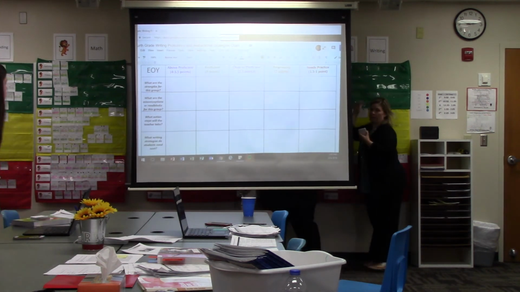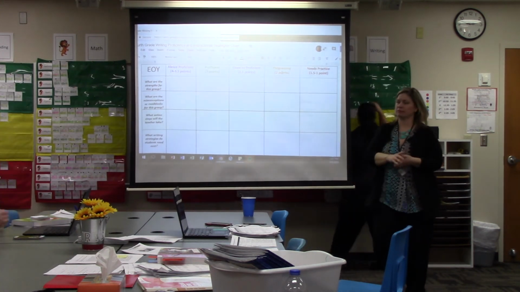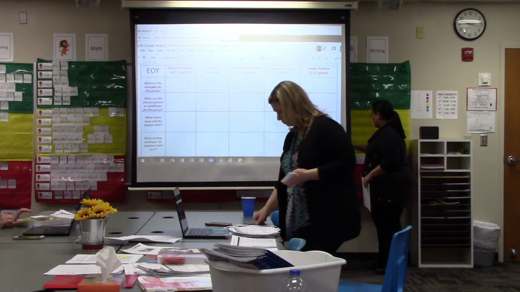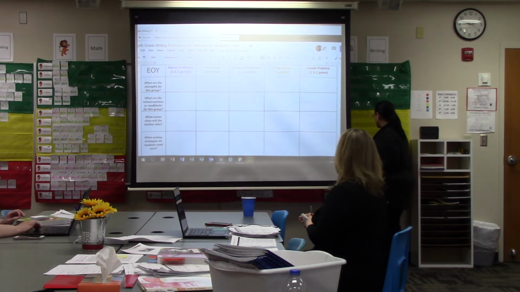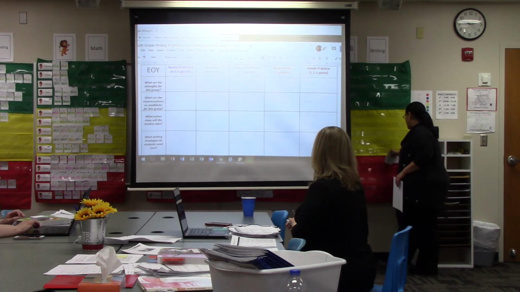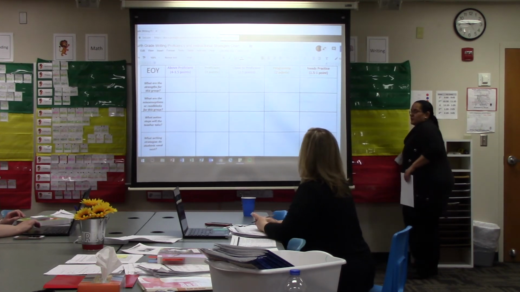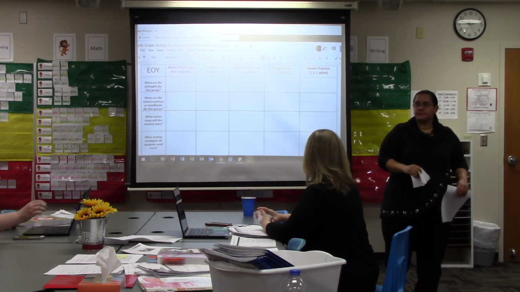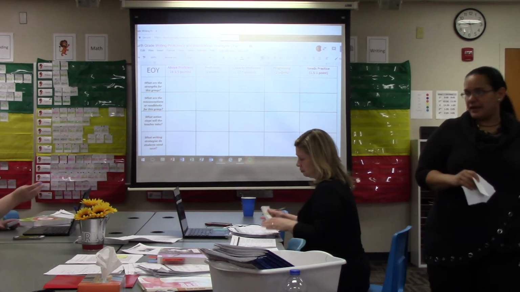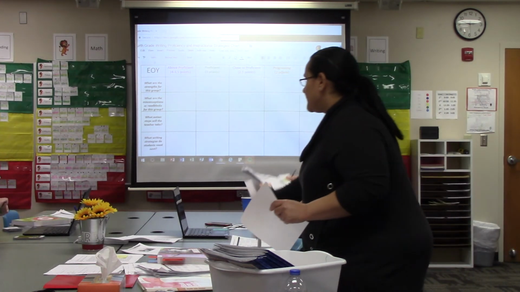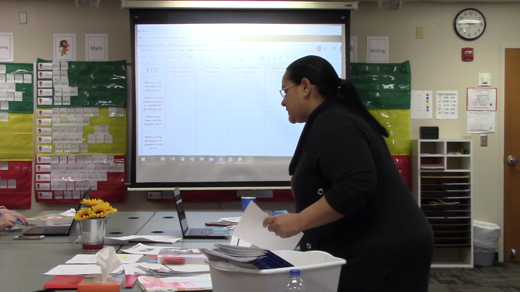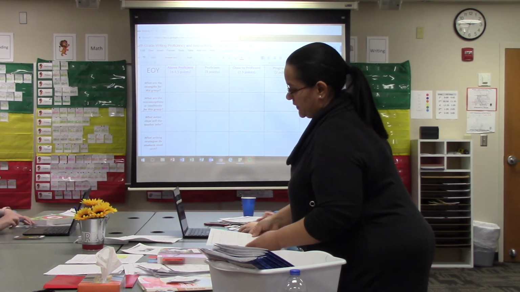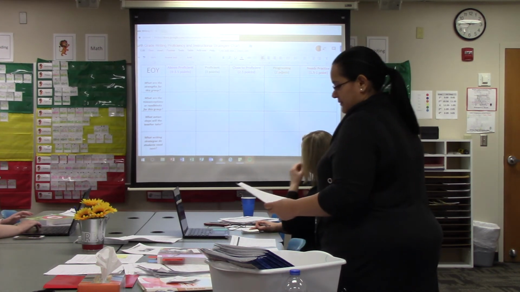Okay, did you add up the totals at the bottom and change your totals at the top? I did some of them. I had to update mine today because when I was doing my rubrics, I forgot that 2 of the items were times 2. So some of my students actually went up because I forgot about multiplying.